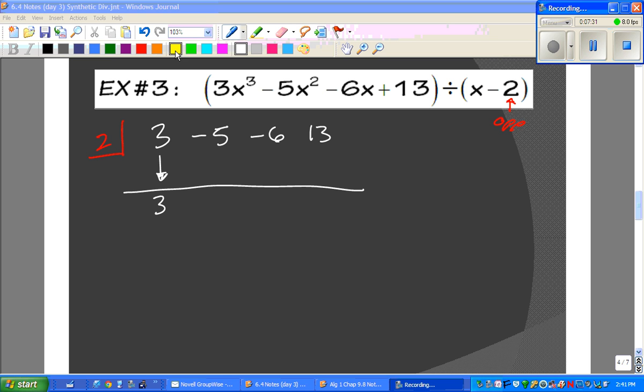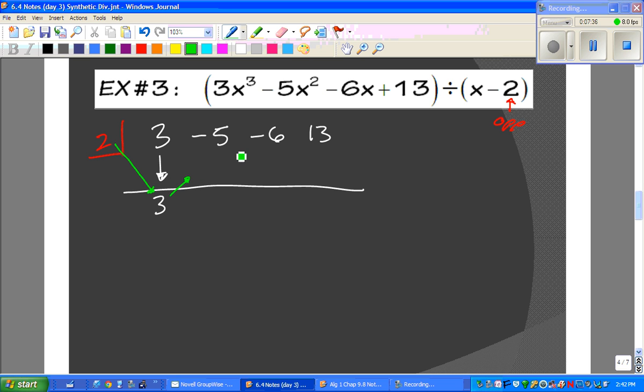So, let's go ahead. 2 times 3 is 6. And then negative 5 plus 6, because remember, we're adding all of these things, is 1. And now 2 times 1 is 2. Negative 6 plus 2 is negative 4. And then 2 times negative 4 is negative 8.